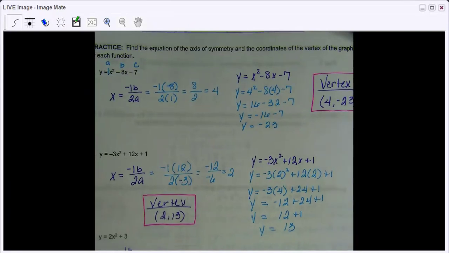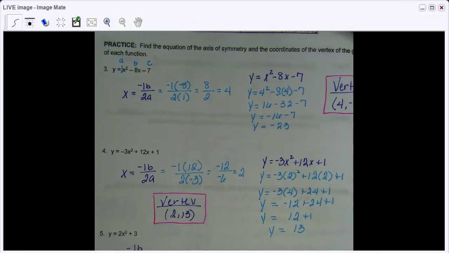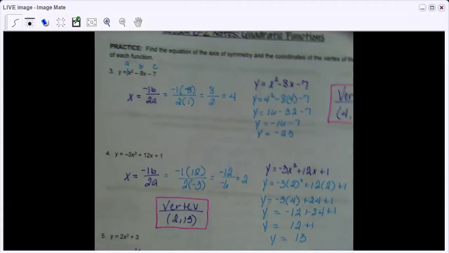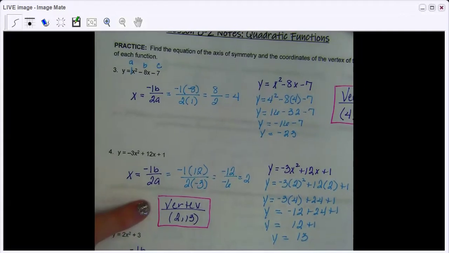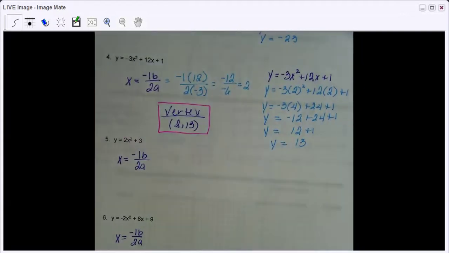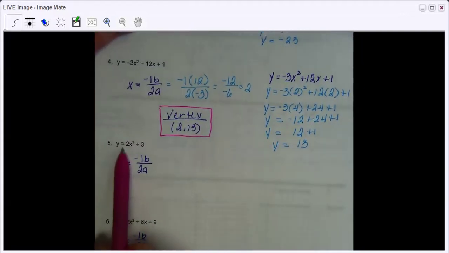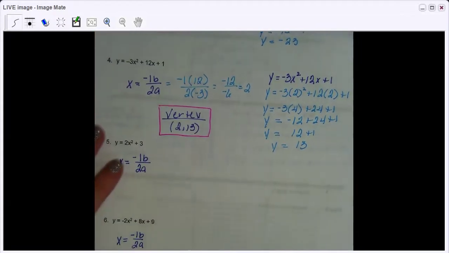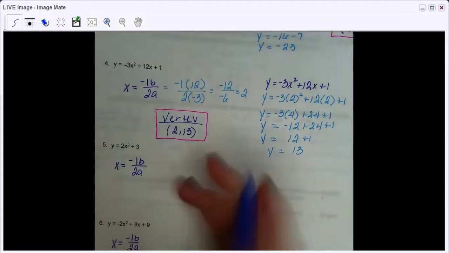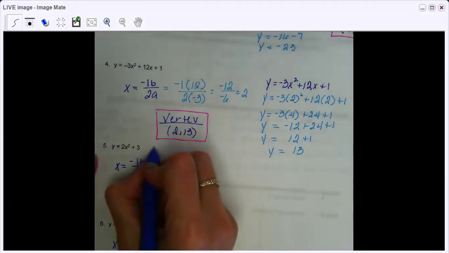Okay, go ahead and check number 4 when you're ready. Is anyone still working on this one? Okay, so number 5, you'll notice that there's not a B. So it's 0.